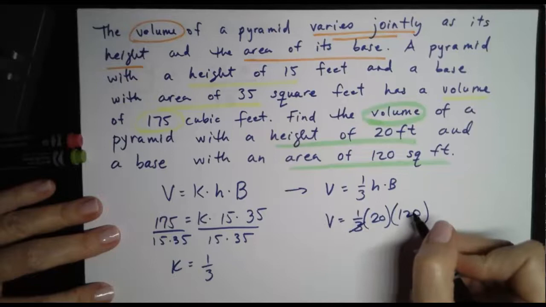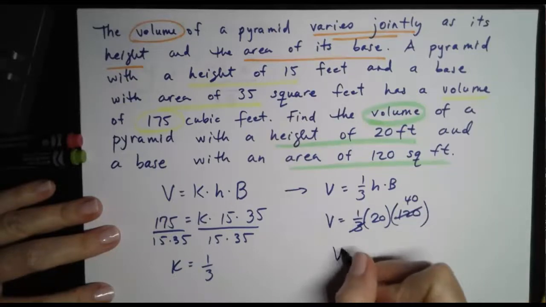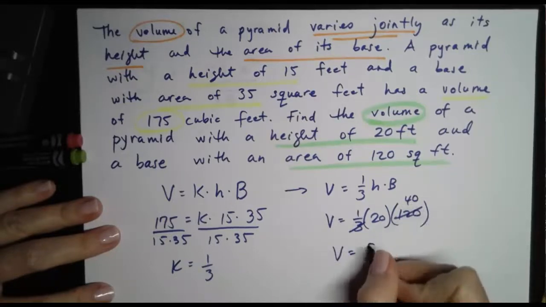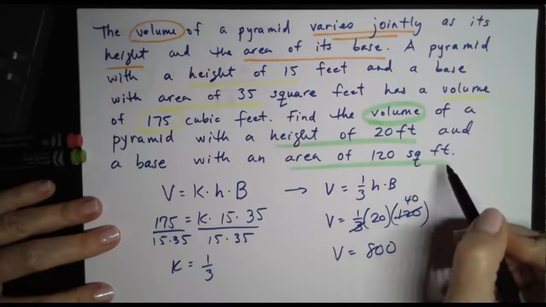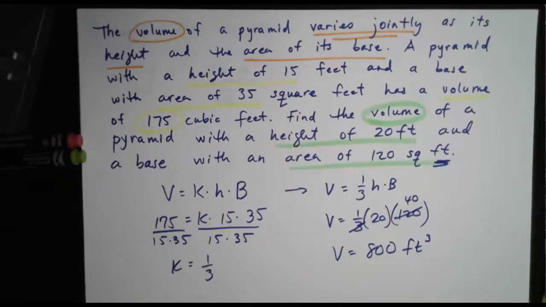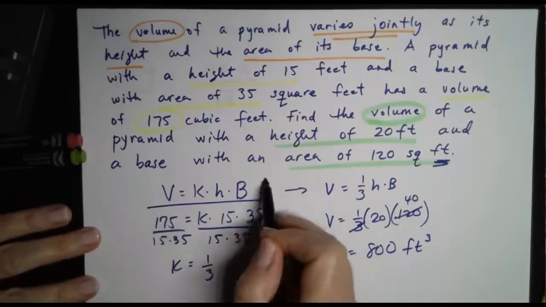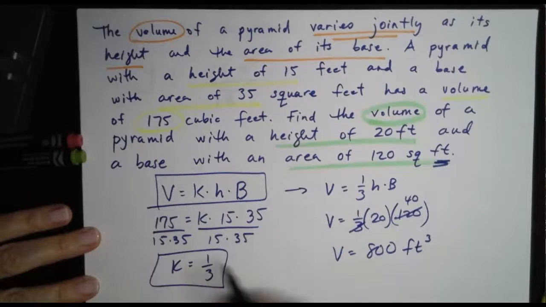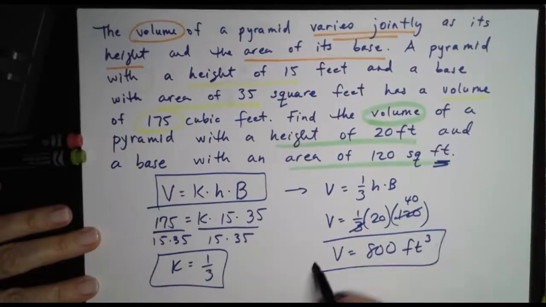The 3 will cancel with the 120, 40 times, and we find 20 times 40, that is 800. We're talking about feet, so that is 800 cubic feet for the volume. So this is the type of work that I'm looking for when I ask you to solve a variation problem. Write the statement of variation, find the constant of variation, and then answer the question.